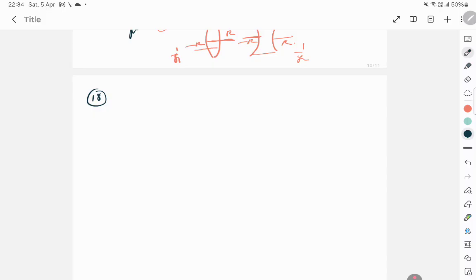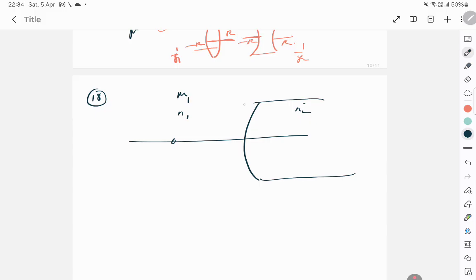The next question is: draw a diagram to show the formation of the image of a point object placed in a medium of refractive index n1 on the principal axis of a convex spherical refracting surface, where the object is placed in n1 and n2. We call them mu1 and mu2; they're calling them n1 and n2.